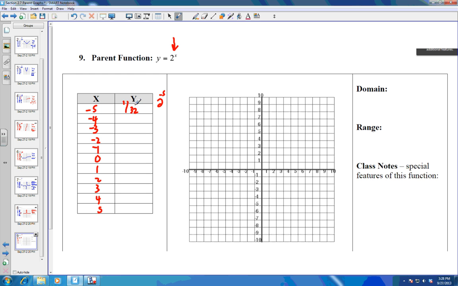When I plug -4 in, I'm going to get 1 over 2 to the 4th, 16. 1 over 8. 1 over 4.